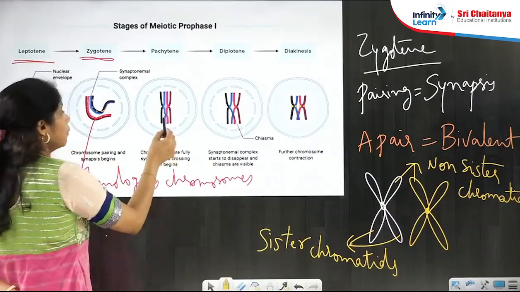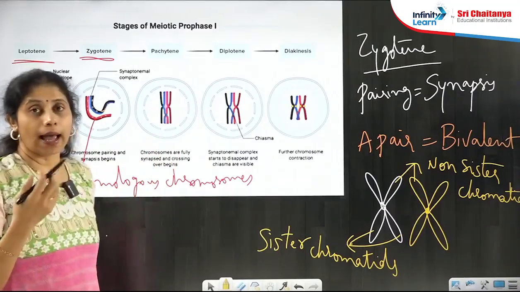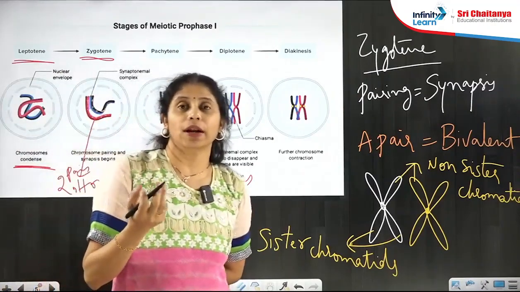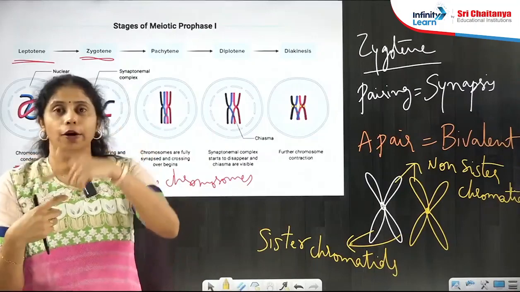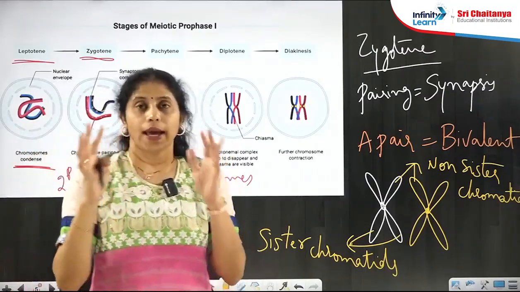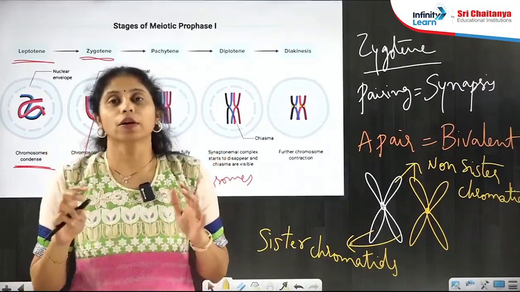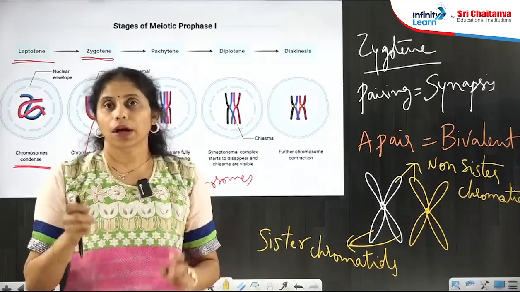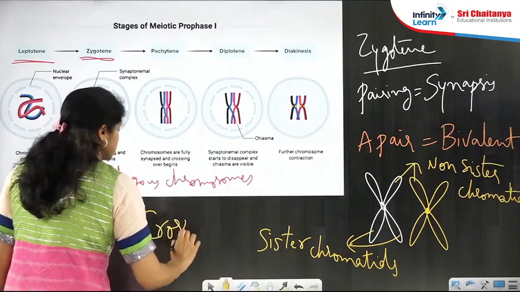Here they have shown only one exchange. It happens by enzymes like recombinase. The blue part will be cut and added to the red one, and the red part will be cut and added to the blue one. So exchange of genetic material always occurs between non-sister chromatids of a bivalent. That exchange is called crossing over.